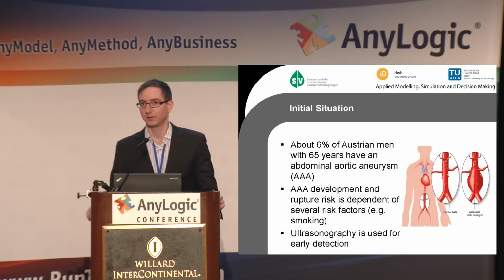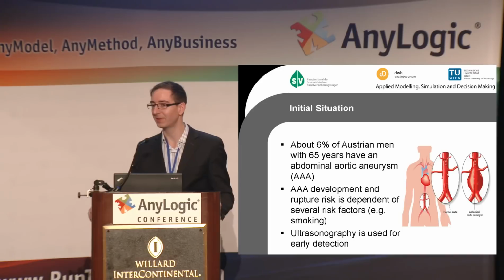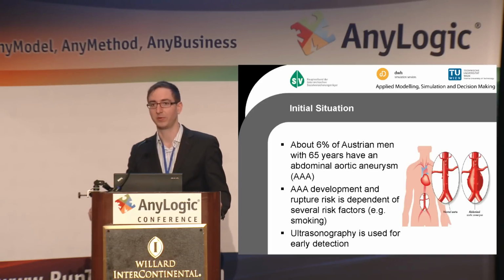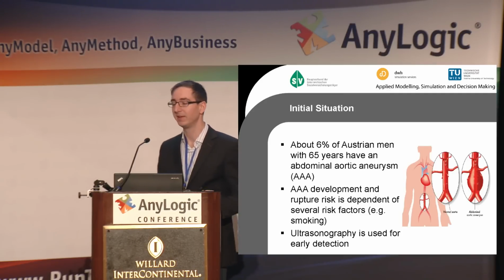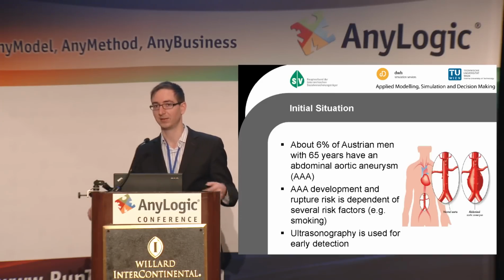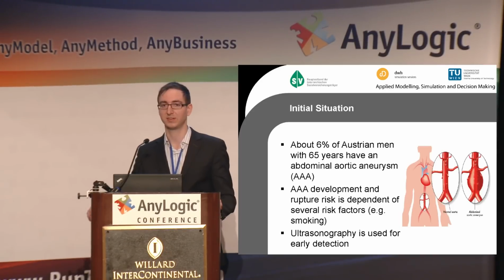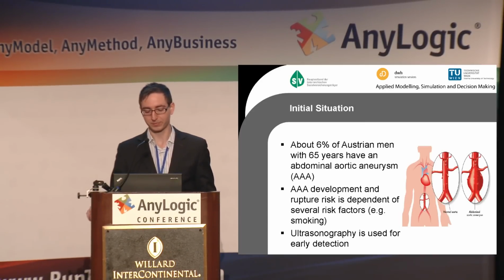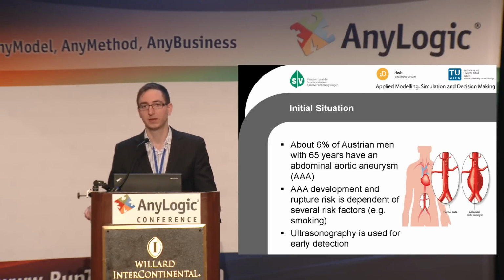About 6% of all Austrian males aged 65 years suffer from an AAA, and the incidence is much lower amongst women, only 1/4, but the rupture risk is increased for them. For detection, ultrasonography is used.